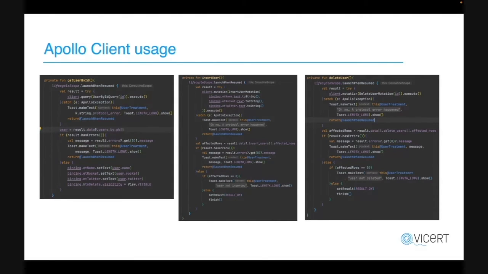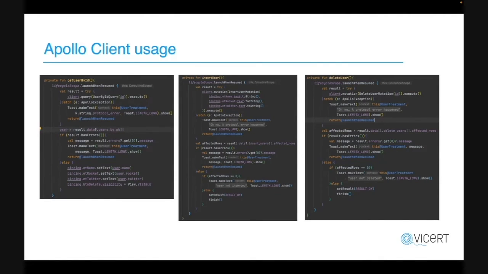Now if we want to show the details from that list, we have the method getUserById, and mostly the same code. So we have a result where the client tries to connect to the GraphQL query by the ID. And if we have some data, at the bottom we can see the binding for the name, rocket, Twitter, and delete, and we can fill that data.